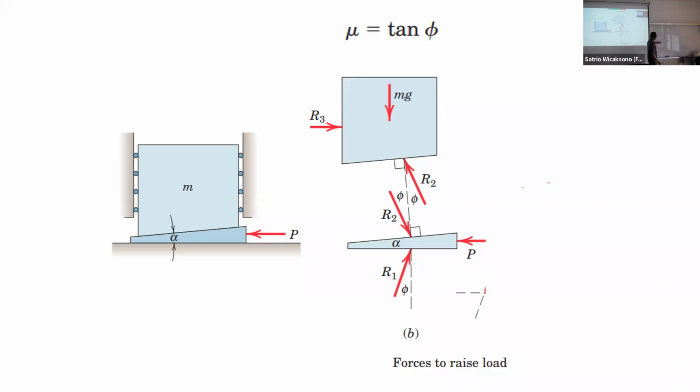This is a case where we have to pull the wedge out, and it's correct. The friction is supposed to go opposite to the impending action. There is a normal force here and here, with action and reaction: normal force and friction force. The way to solve it is exactly the same.